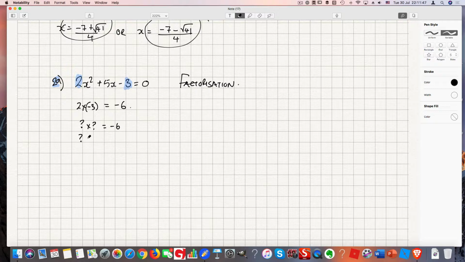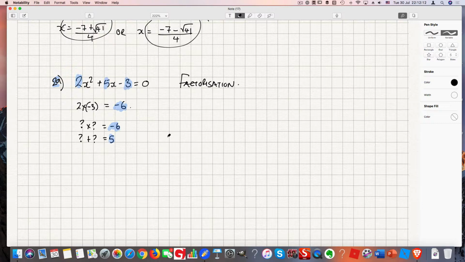And what two numbers do you add to make a 5? And by 5 we mean this 5 is that 5, and this minus 6 is that minus 6. Okay, so let's see. So what two numbers do you add to make a 5?